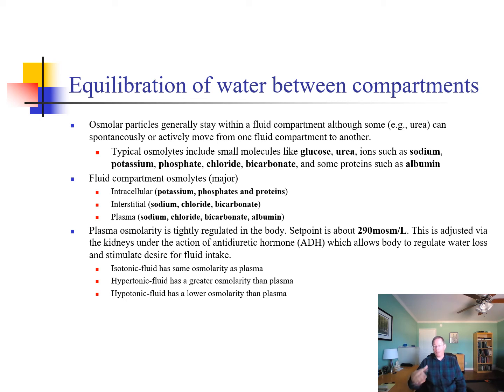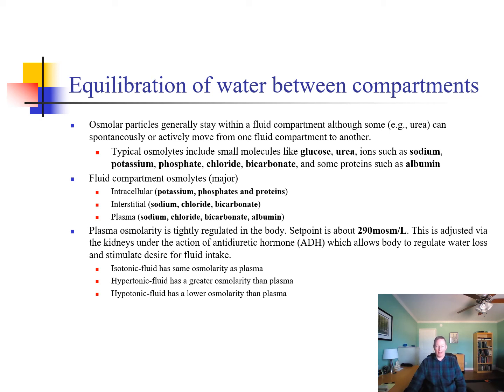So if the set point is 290 milliosms per liter, and my plasma osmolarity goes to 300 milliosms per liter, then I'm going to release ADH, and when that happens, I'm going to retain more water, hold on to that water, and stimulate a thirst response so that I go and drink some water to try to lower that towards 290 milliosms. If it goes down to 280, then I'm going to be able to excrete additional water and I won't be thirsty.